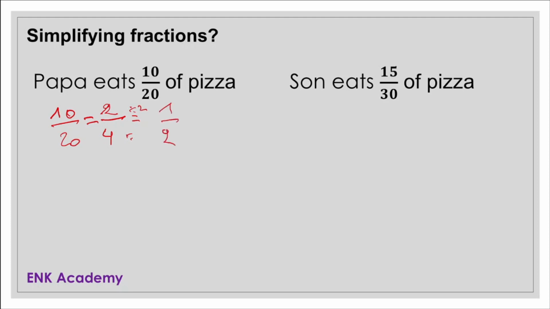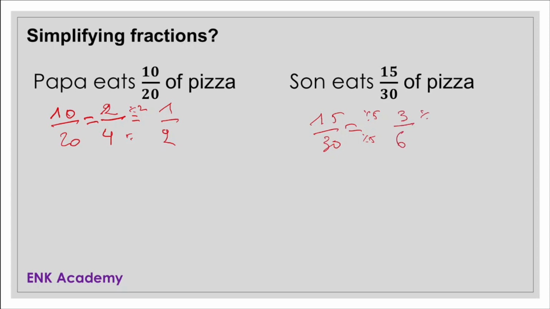The same in this case, we have 15 over 30. We can see that 15 can be divided by 5. If we divide by 5 in the numerator and the denominator, then you do not change the value of the fraction. Then we have 3 over 6.